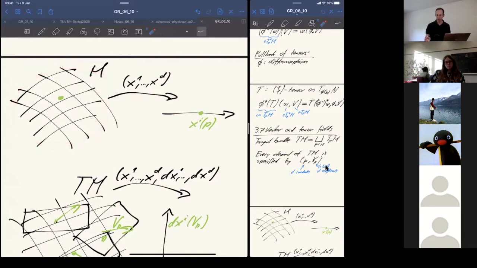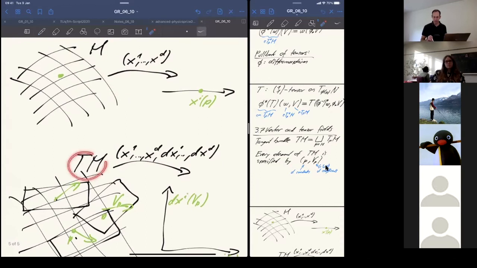So we assume we already have an atlas for M, so we have sufficiently many charts that all of M is covered. But of course, if all of M is covered, this means that all points of TM are covered, and clearly the dx just extract the components of the vector.